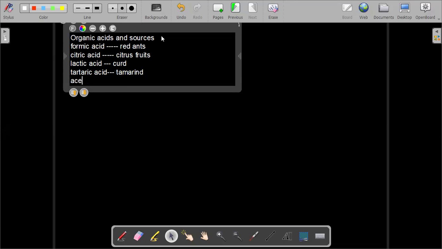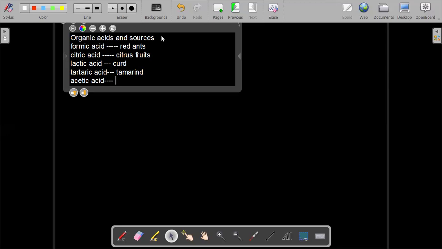Acetic acid. Where do we find acetic acid? Vinegar. Very good. So acetic acid is the common name. What is the chemical name of acetic acid? CH3COOH.